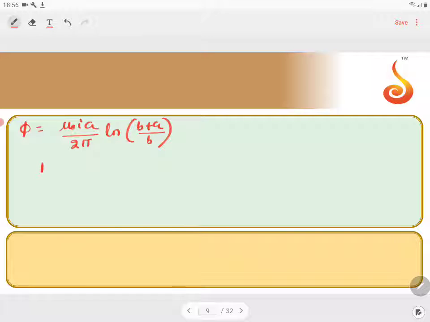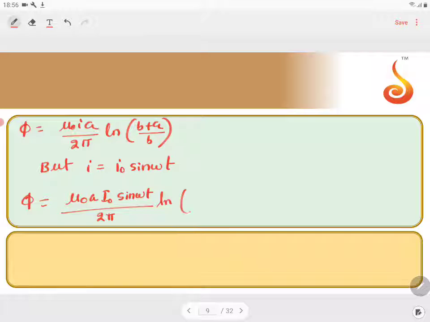But I is equal to I naught sin omega t. So we substitute that, and the total flux is given by mu naught a I naught sin omega t divided by 2 pi, ln of b plus a divided by b.